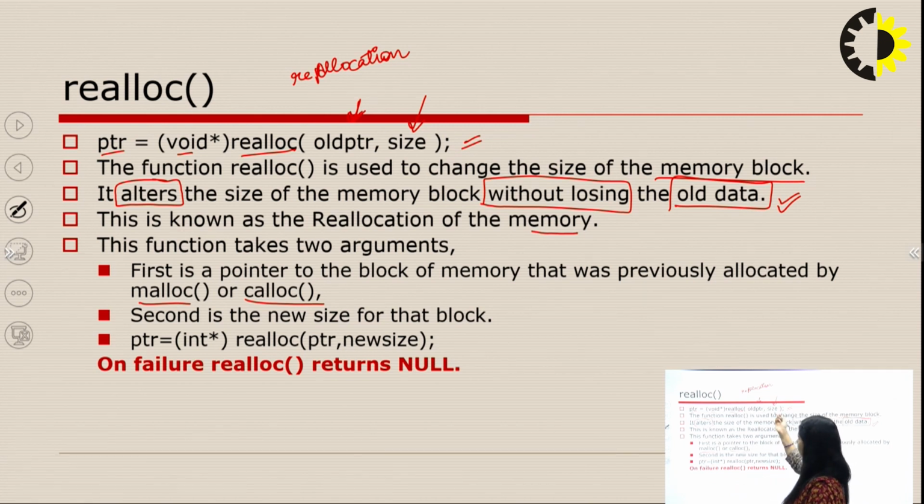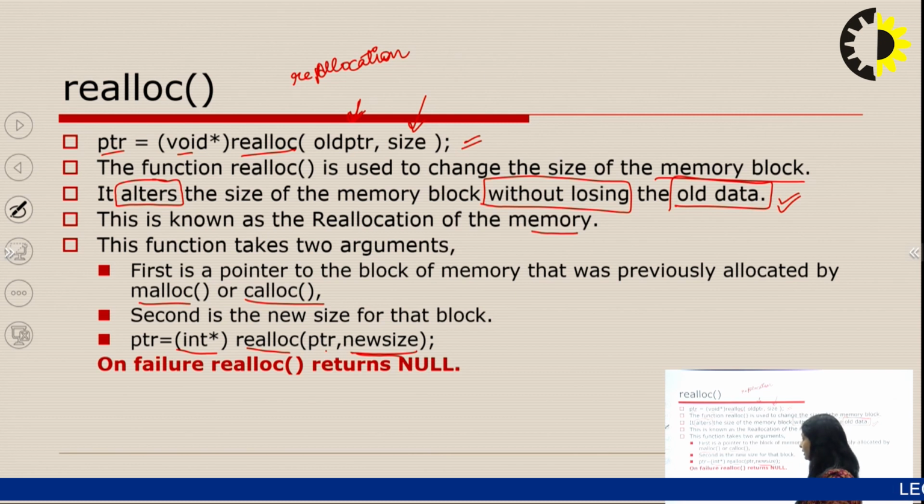This is a syntax, or you can say an example. Here we have a void type, a pointer variable we have taken, the data type integer we are using over here, realloc function, then old ptr, old pointer value, and new size, what it is going to alter, right? So old pointer value and new size. On failure, realloc also returns null.